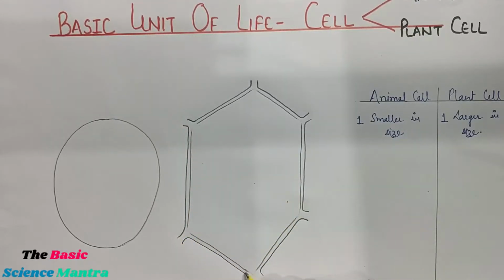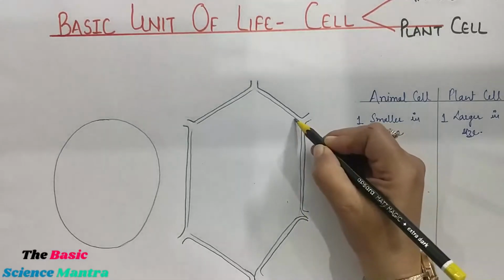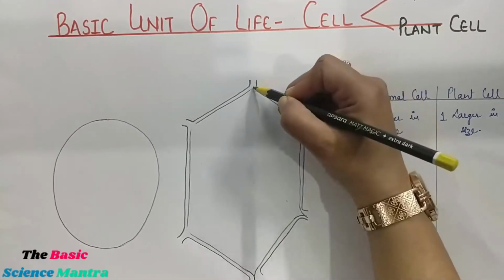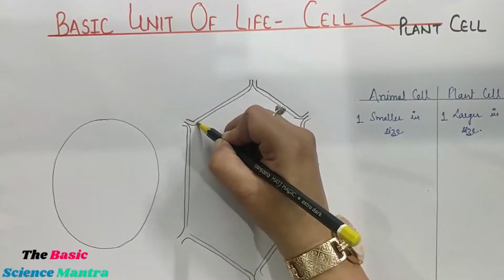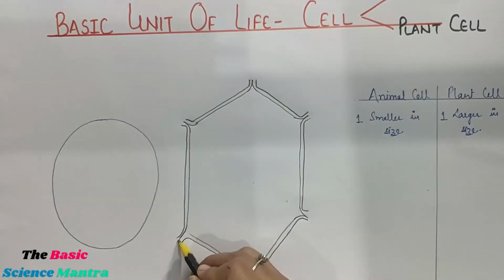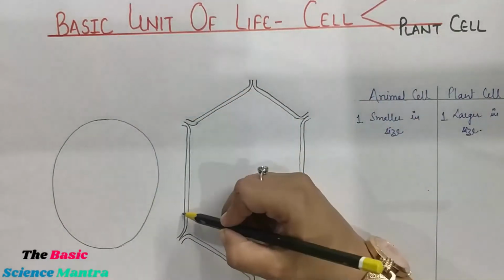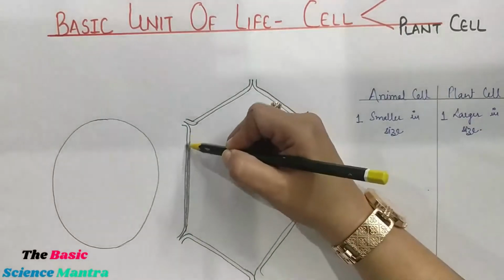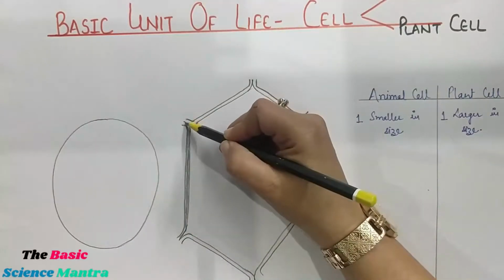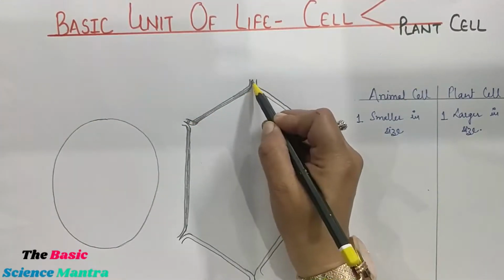Now the inner layer, you have to extend the corners like this. What have you made? You have made a cell wall. We'll shade it to differentiate it from the cell membrane or plasma membrane.